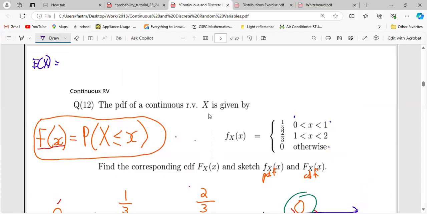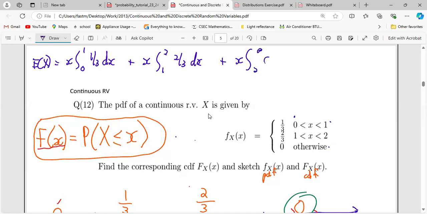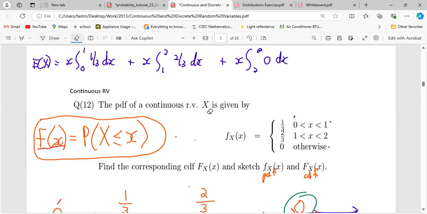So it'll be x times the integral from 0 to 1 of 1/3 dx, plus x times the integral from 1 to 2 of 2/3 dx, plus x times the integral from 2 to infinity of 0 dx, which makes no sense, but I just write it so you can see.